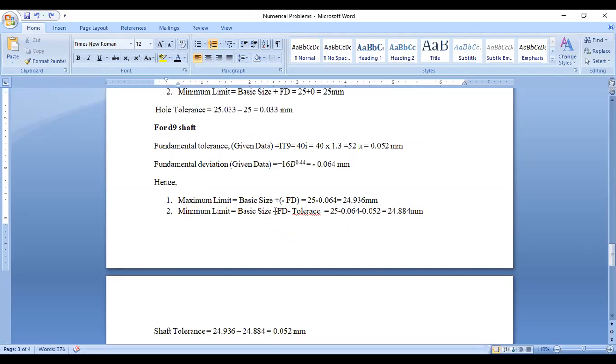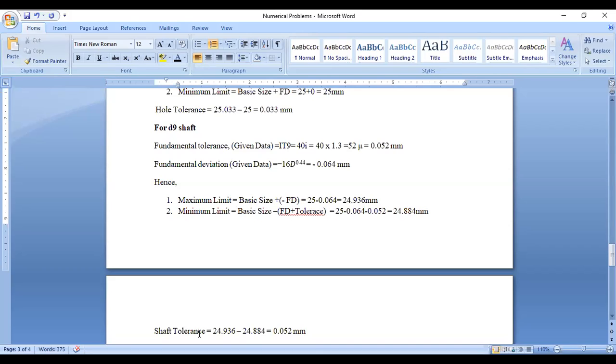Okay, so these are the two values of your tolerances. You have to add the fundamental deviation plus the tolerance, then subtract it from the basic size. This is also correct. So these are the two limiting values of the shaft, that is 24.936 mm is one limiting value and 24.884 mm is the other limiting value.